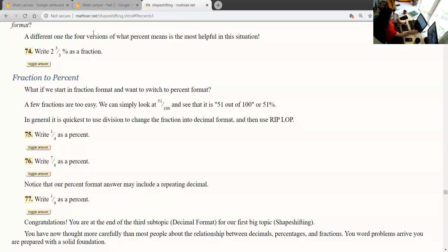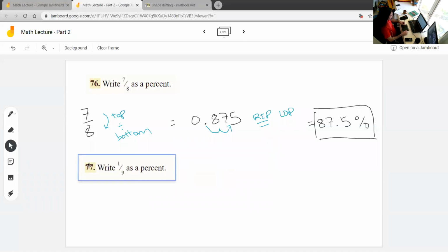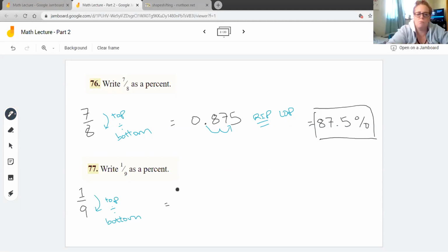I can fit another one on the same thing. So I have 1/9. Again, I do top divided by bottom. What do I get this time? 9.